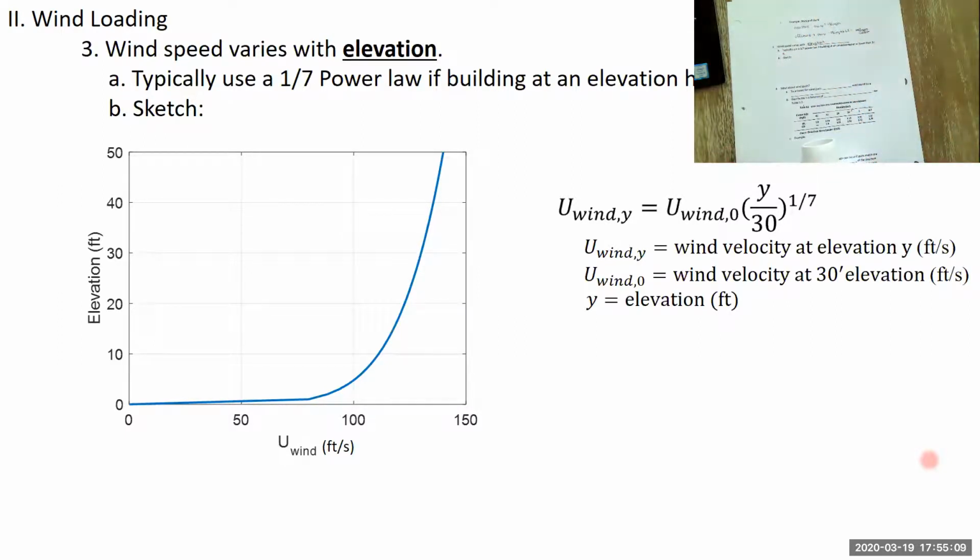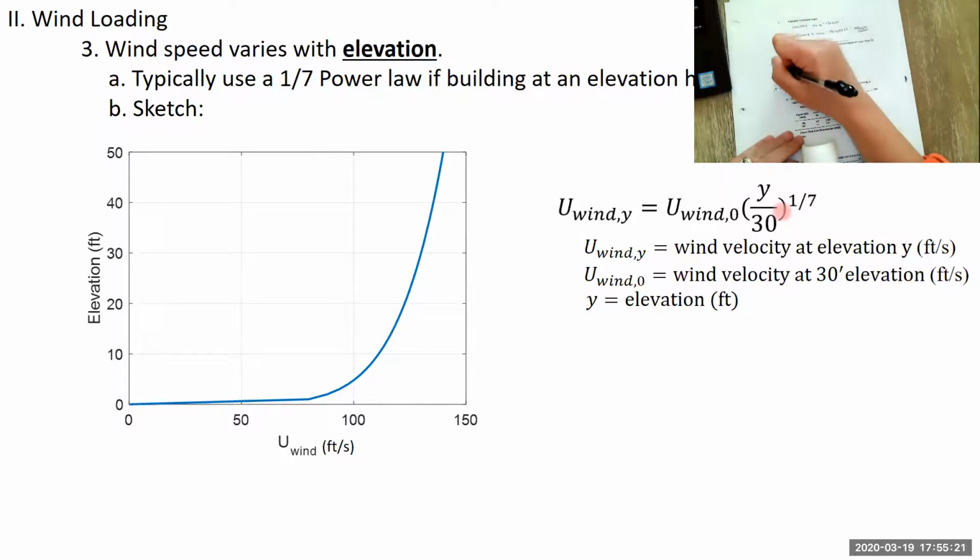And in general, this figure shows the 1/7th power law for designing at a height higher or lower than 30 feet. I'll sketch this in the notes, but basically, with wind velocity U wind in feet per second on my x-axis, my y-axis is going to be elevation.